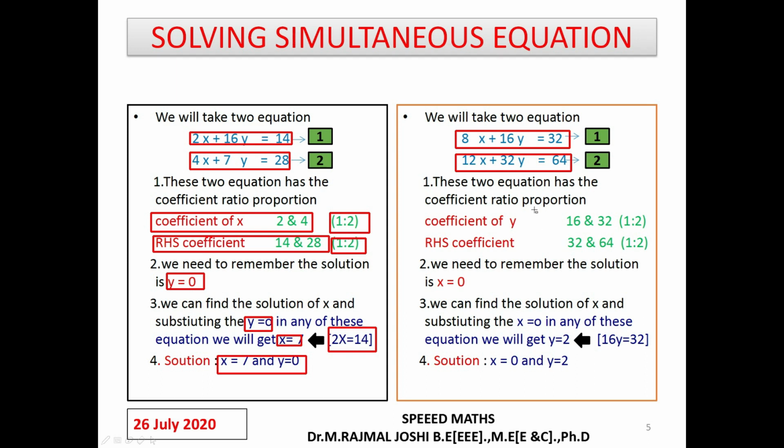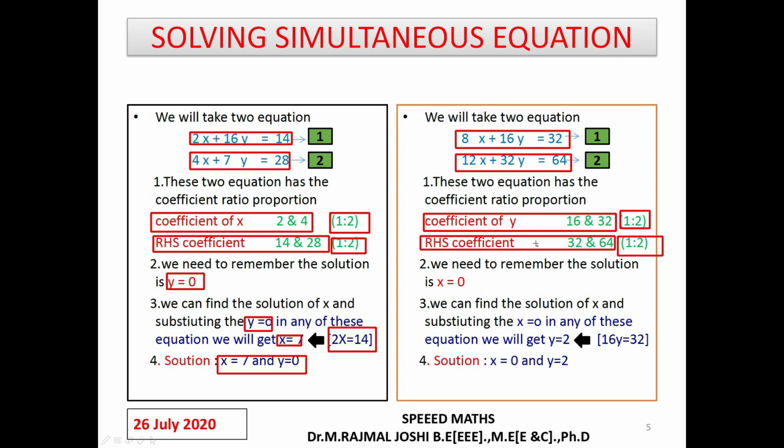We have to check whether the coefficients are proportional. Taking the coefficients of y, we get 16 and 32. Taking the right hand side, we get 32 and 64. Checking the ratio, it is 1:2 and once again here also it is 1:2.